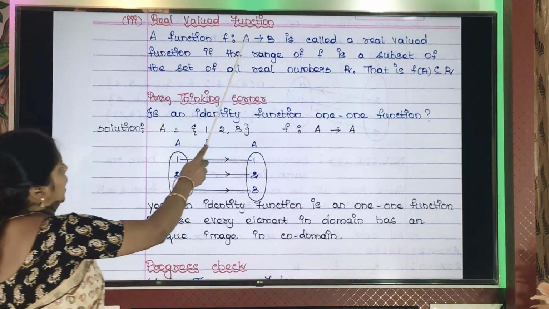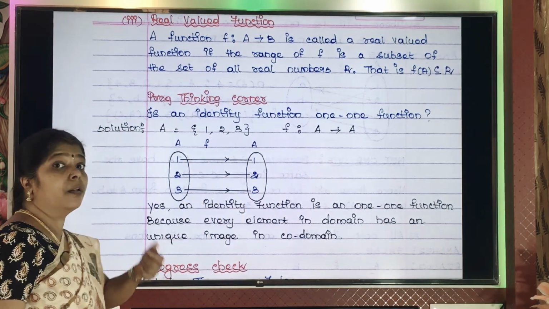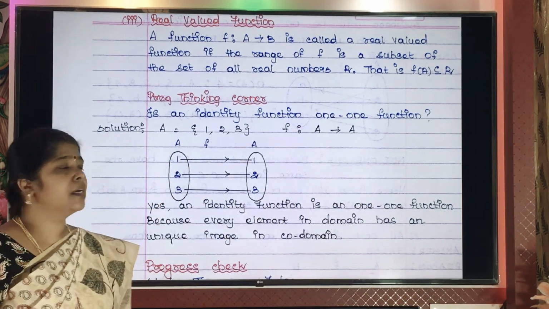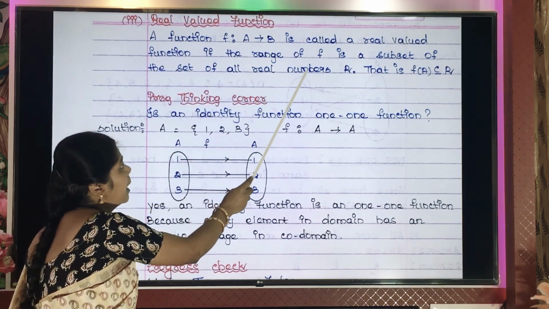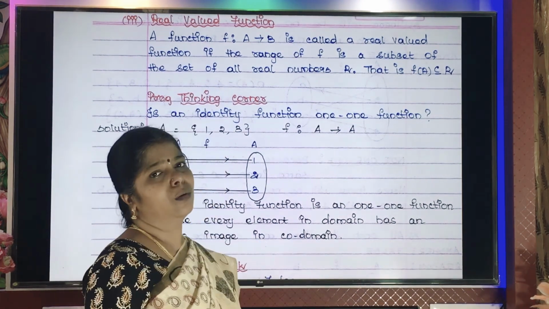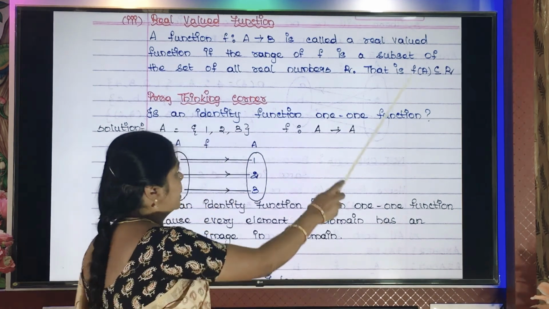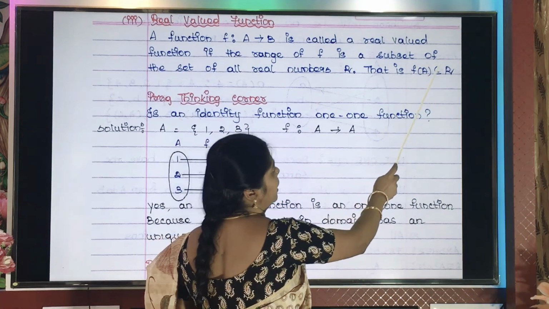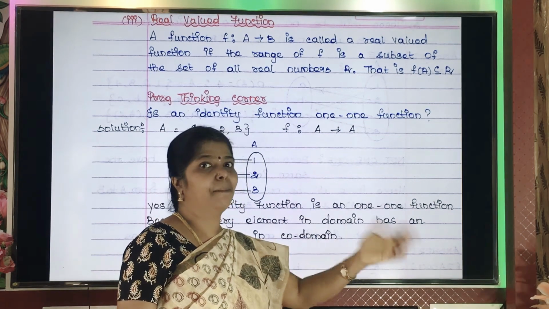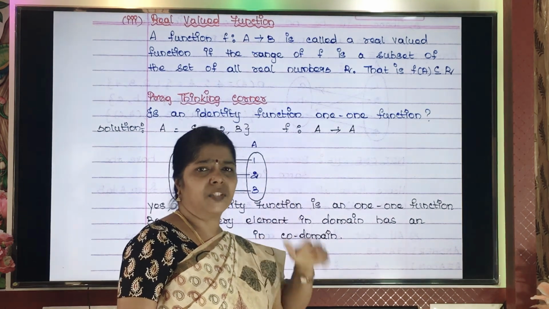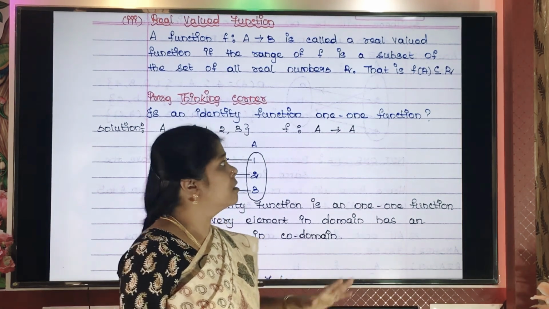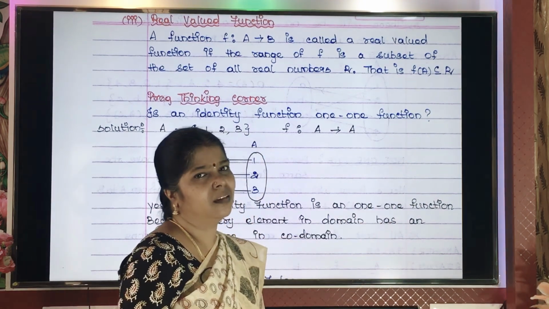A function from A to B is called a real valued function if the range of f is a subset of the set of all real numbers. When the range is a subset of real numbers, then it is a real valued function. So the range of f will be a subset of the real numbers. Real numbers include all numbers except imaginary numbers: natural numbers, whole numbers, integers, rational numbers, irrational numbers. Imaginary numbers alone will not be there. So if the range is a subset of the real numbers, it is a real valued function.